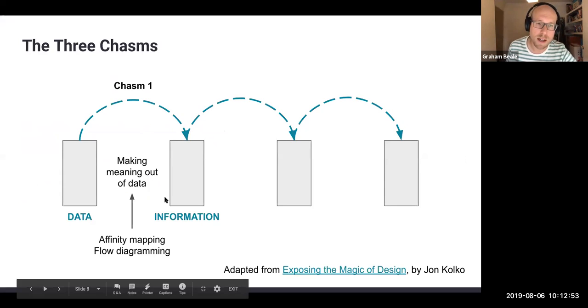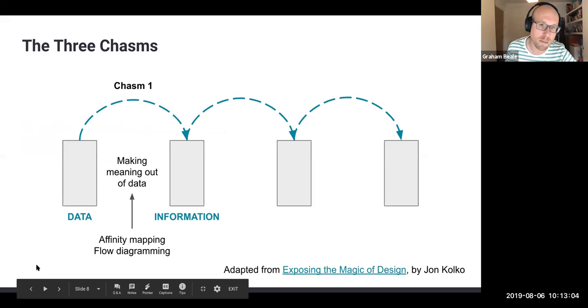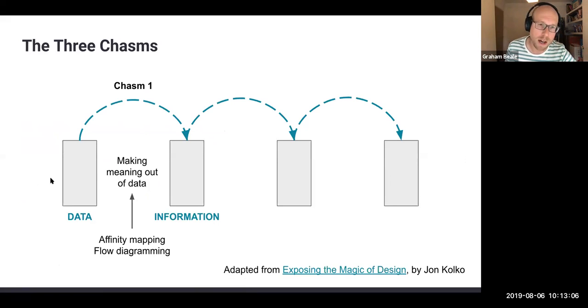So this is a diagram from, I believe it is, let me just check this. Yeah, so it's John Coco's diagram here on the 3 chasms. And this basically talks about how you go through data and how you sift and filter it and how you draw links. The first chasm is all about making meaning out of the data.